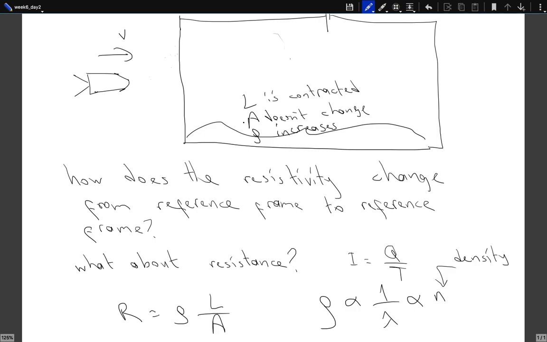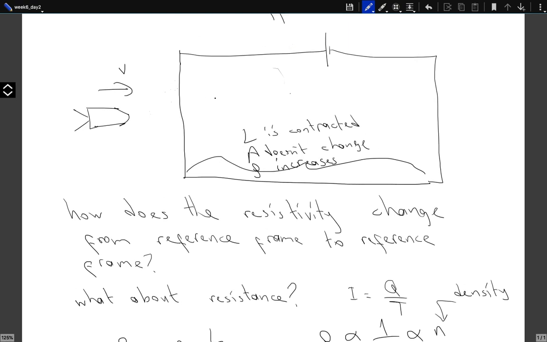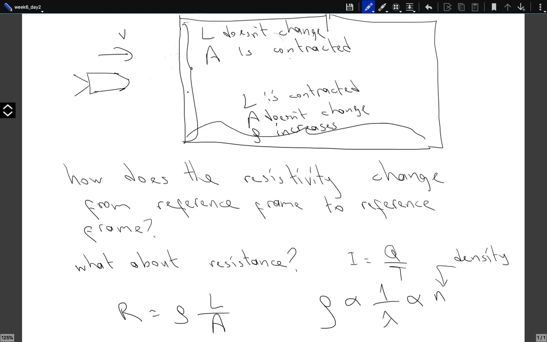Let's look at the vertical segment. L doesn't change. What about A? It decreases. A is contracted. What about rho?